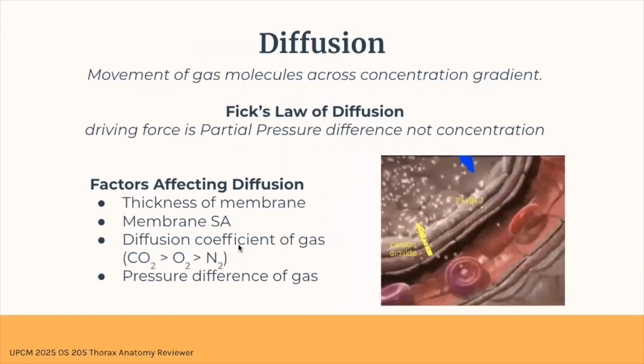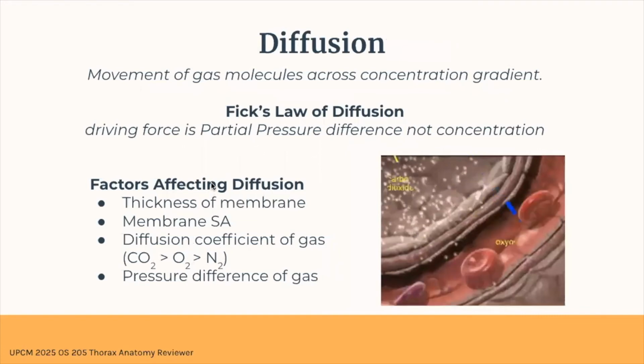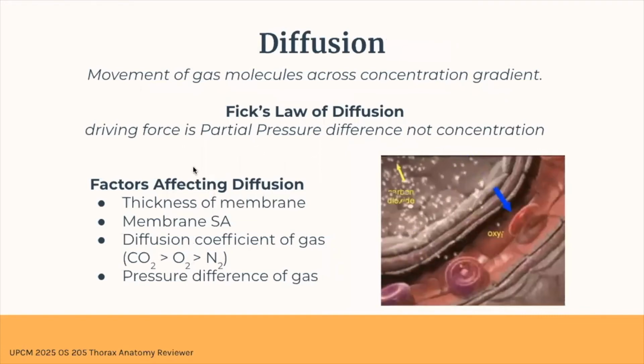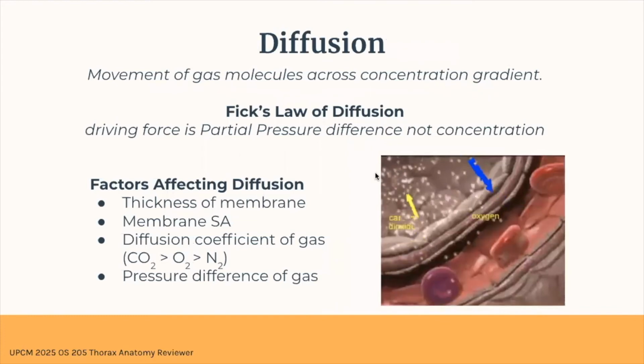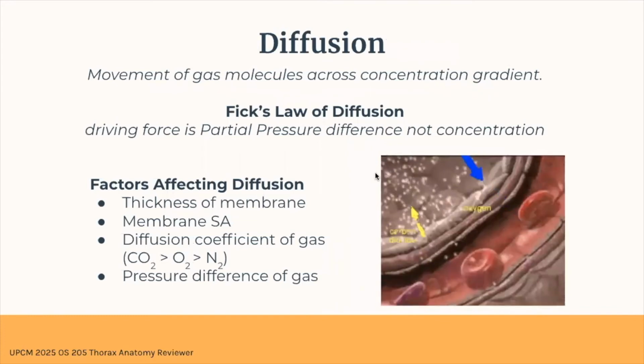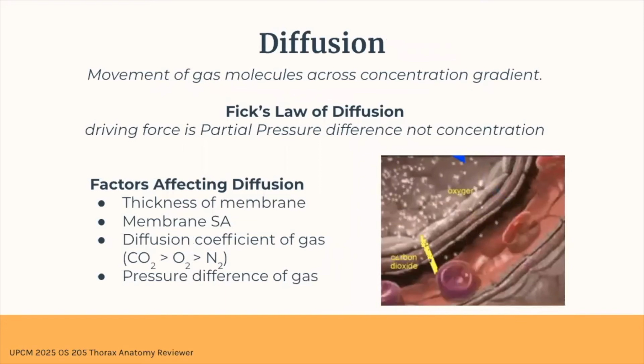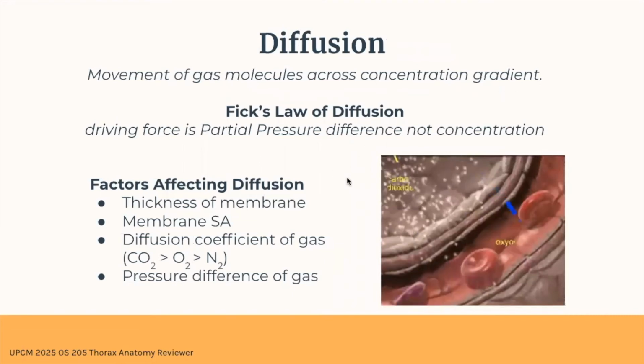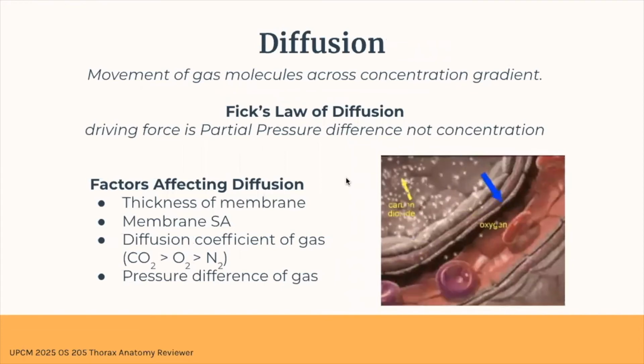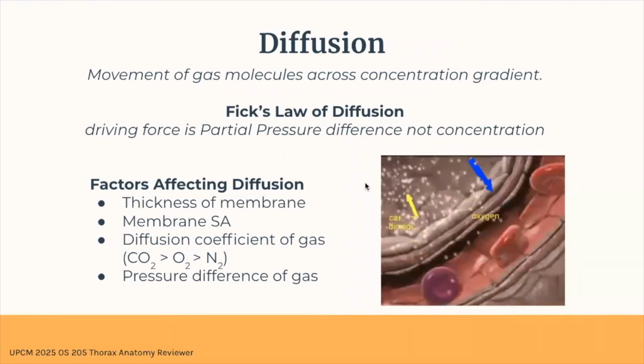Next is your diffusion. Again, gas exchange in alveoli happens via diffusion. It is the movement of gas molecules across a concentration gradient. So oxygen moves from a bulk flow to the area near the alveolar wall and then goes into the blood. Yung oxygen natin pumapasok sa trachea hanggang sa umabot sa alveoli natin.